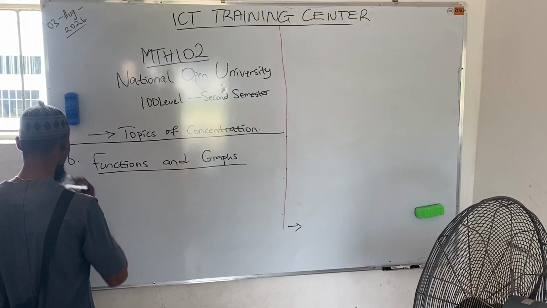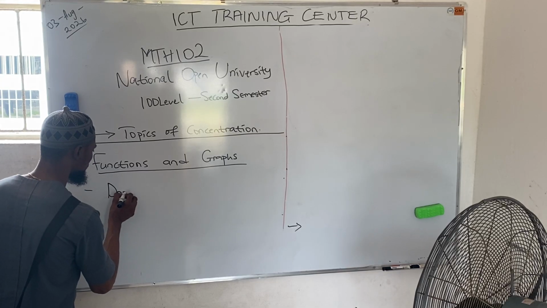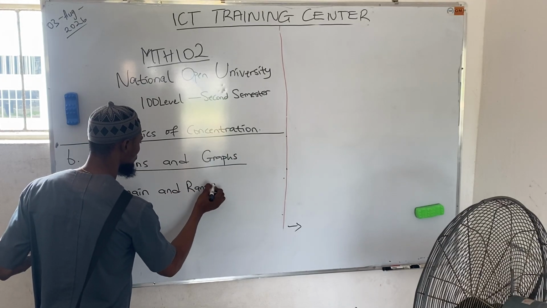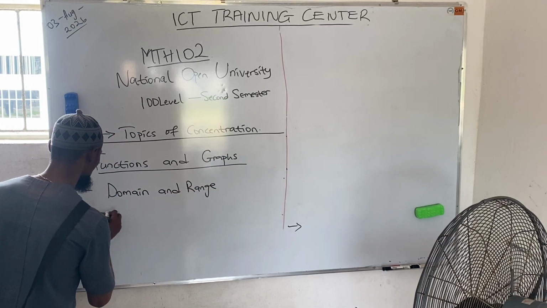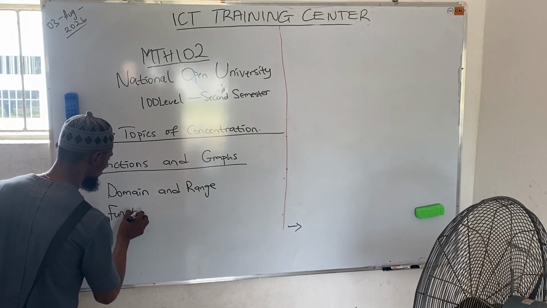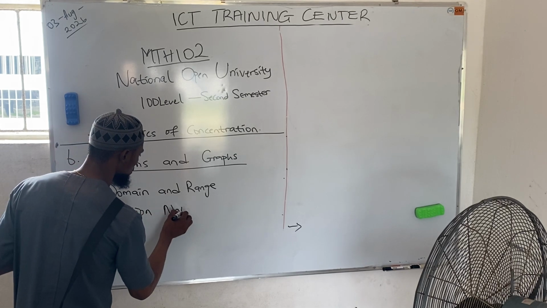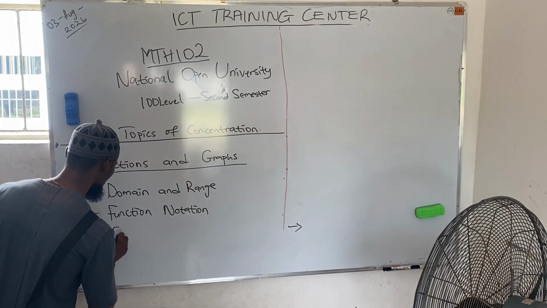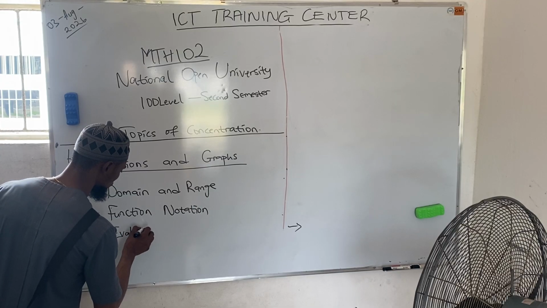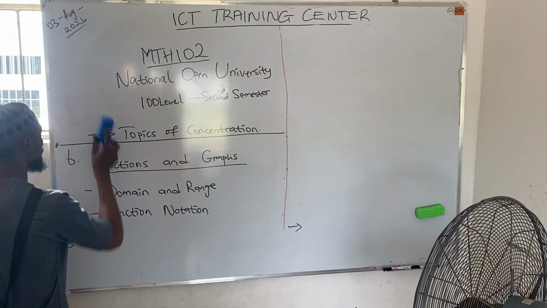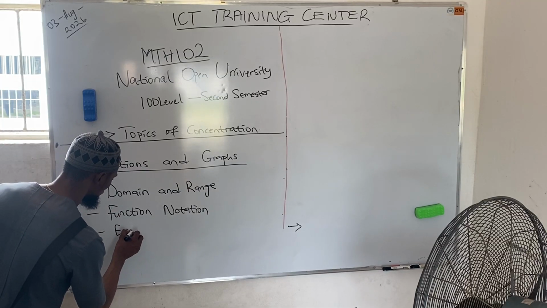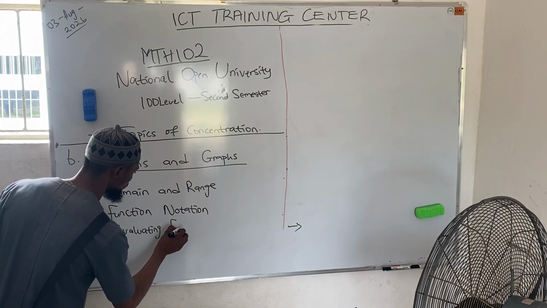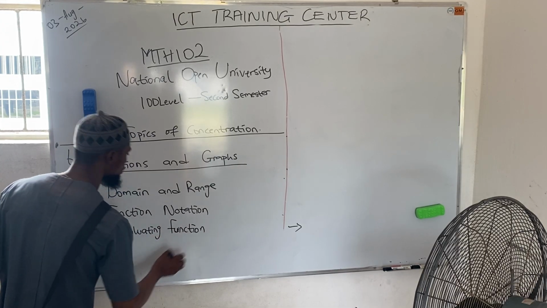The first one I want to talk about is domain and range. The second one is function notation. The third one here on the list is evaluating functions.